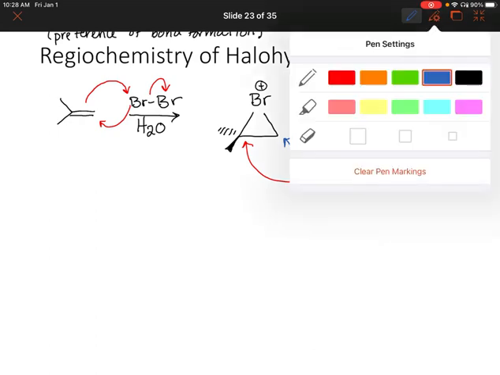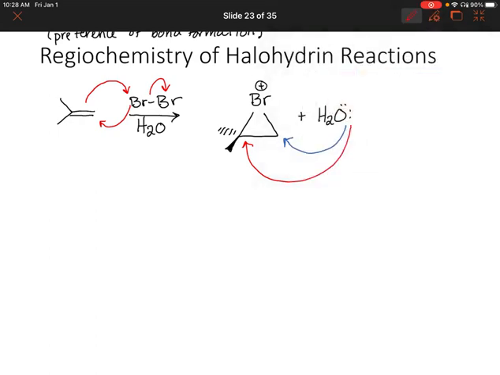All right, so if water attacks the left-hand carbon, the red arrow, we do open up that ring. And we're going to end up with a transition state. So let's just draw the transition state here.